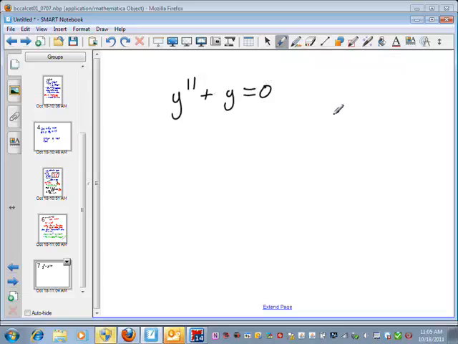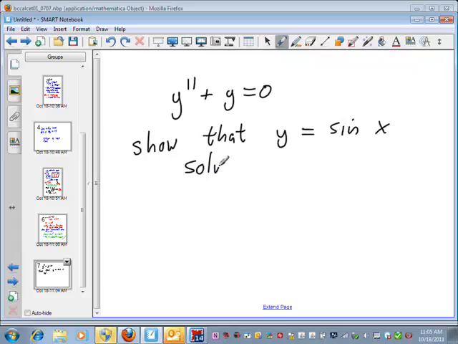There's a differential equation using the second derivative. Show that y equal to the sine of x solves it. I'm going to call this star. Solves star.